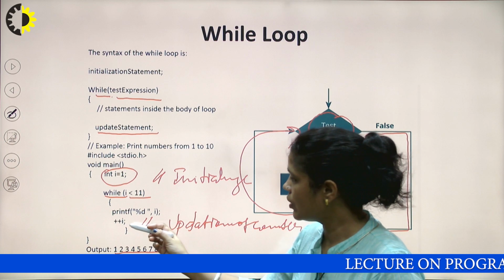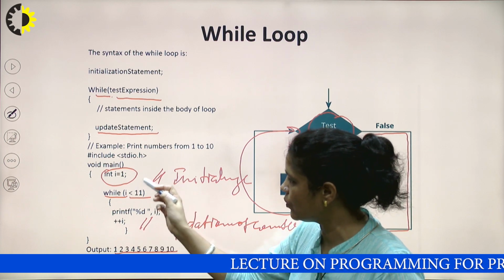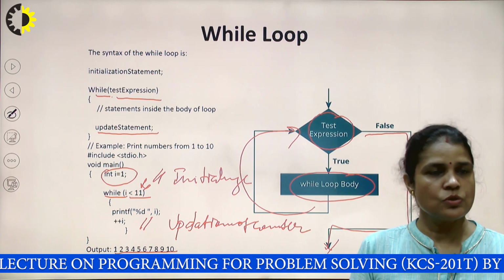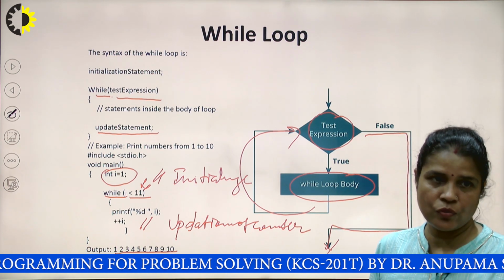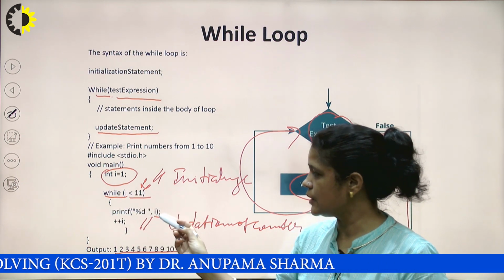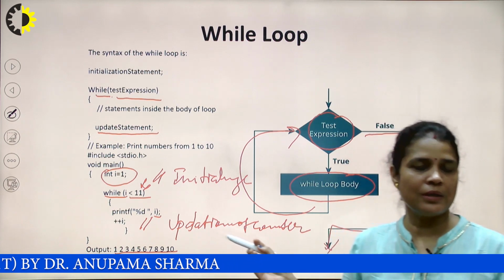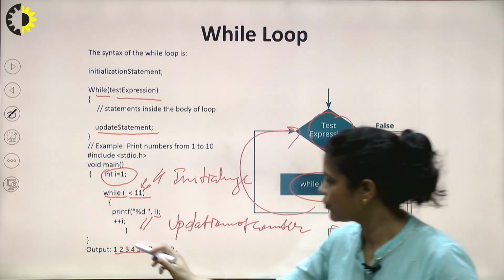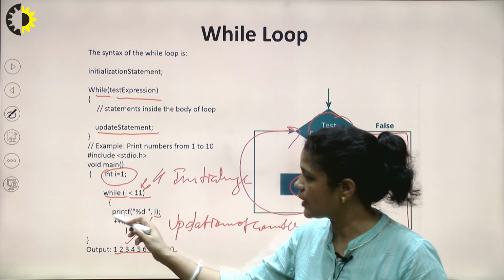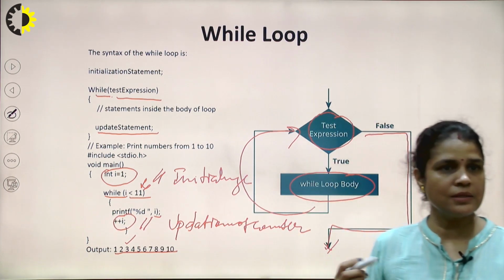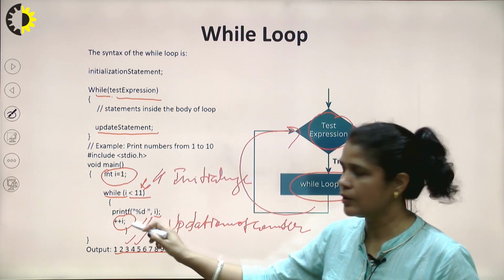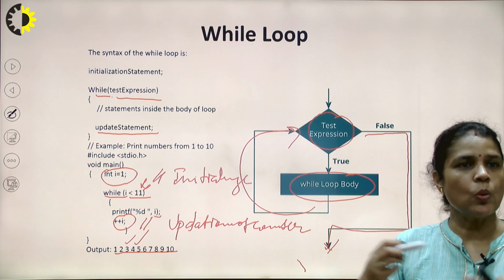Then the compiler's control will come here again to the test expression, and it is checked. This expression is true again for the next value of I, so the compiler's control comes inside the loop again, and I is printed again, that is 2. For the next iteration I will be updated, so I is 3 this time, the condition is true, and 3 is printed, and then the counter is updated, and so on.